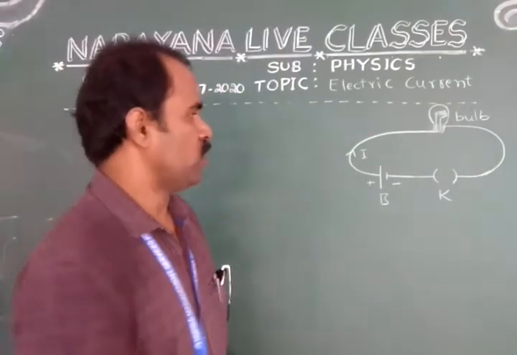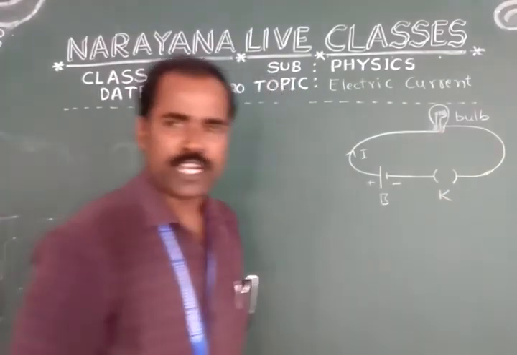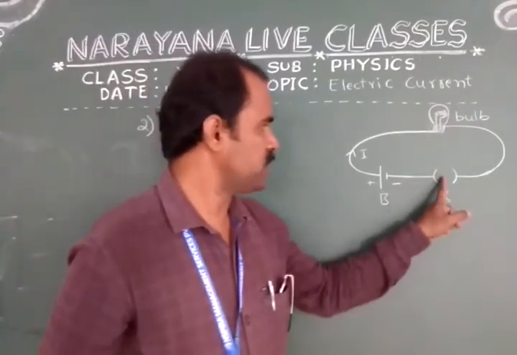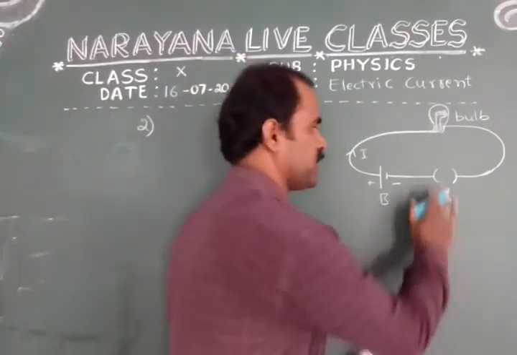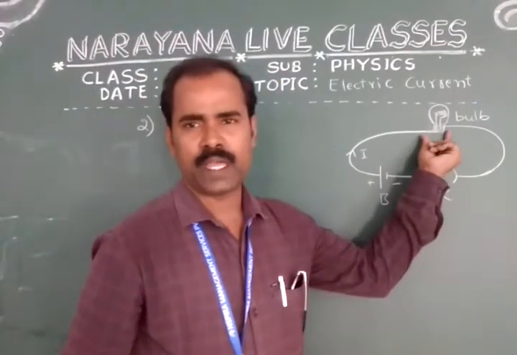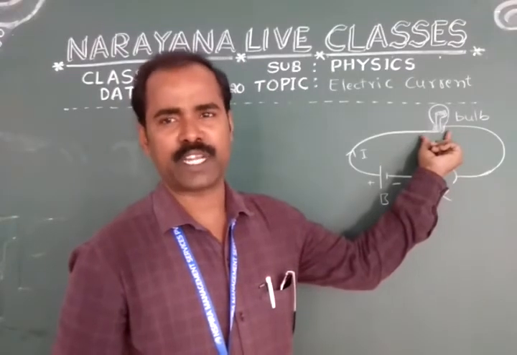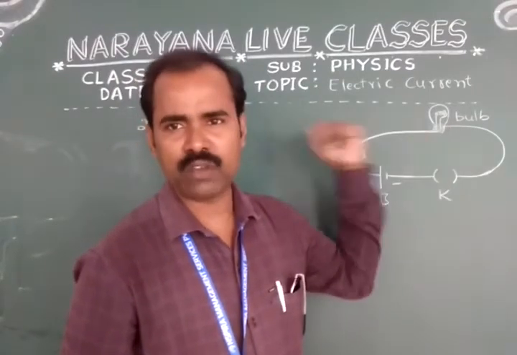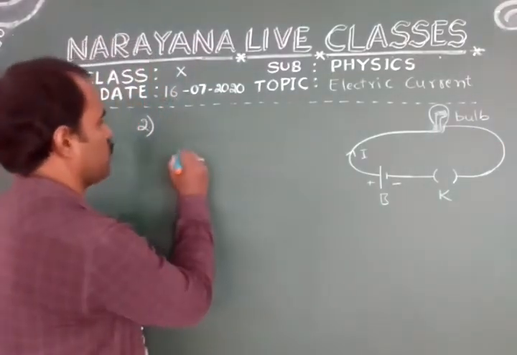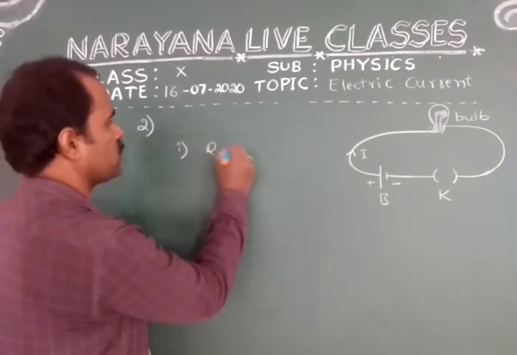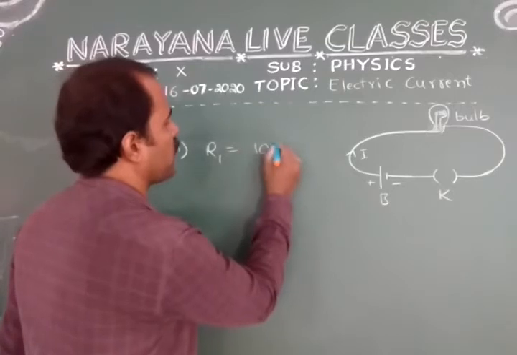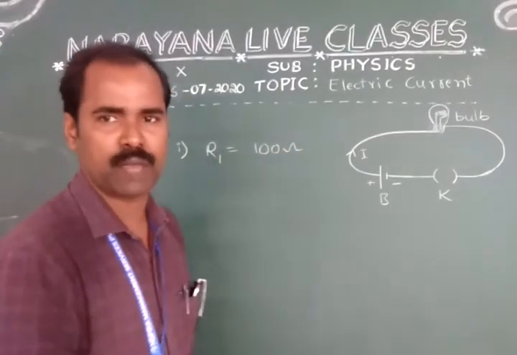Now take a multimeter without inserting the plug key. Measure the resistance of the bulb using the multimeter and note down that reading in a table. For example, first case, resistance without inserting plug key, say 100 ohm.